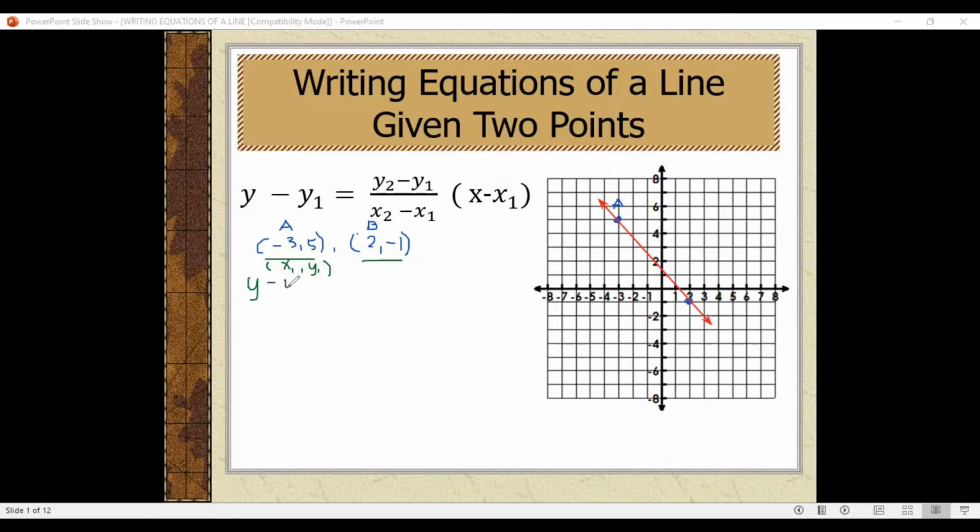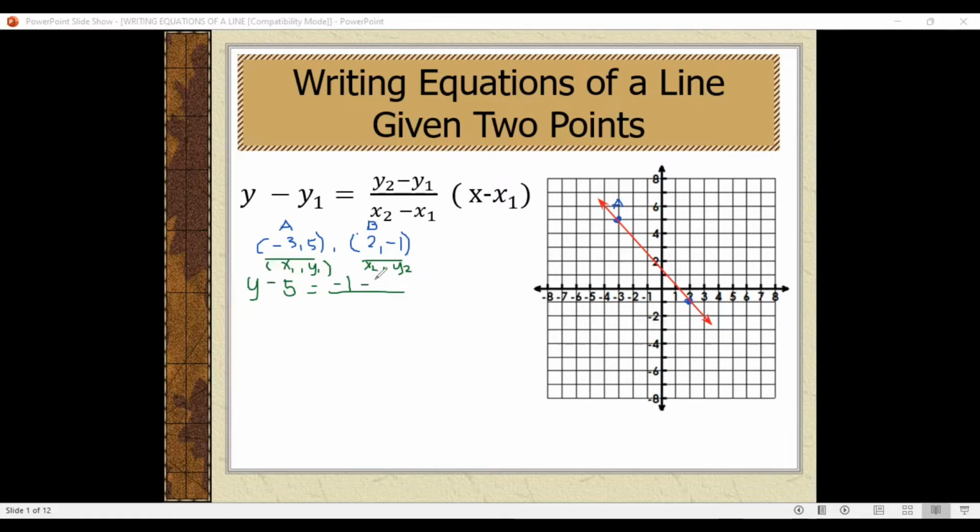So y minus 5 is equal to the slope of the line. Since we have this point A as our x sub 1, y sub 1, we will now have our point B as our x sub 2, y sub 2. So substituting it in our formula, we have -1 as our y sub 2, and then again, the value of y sub 1 is 5.